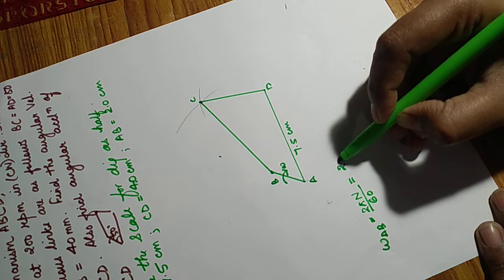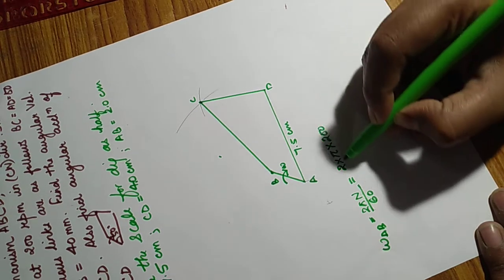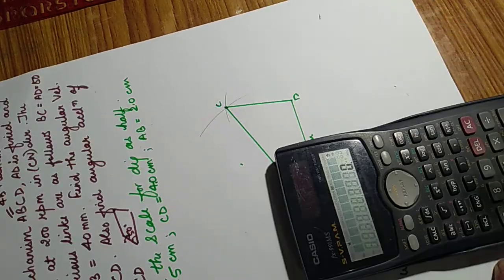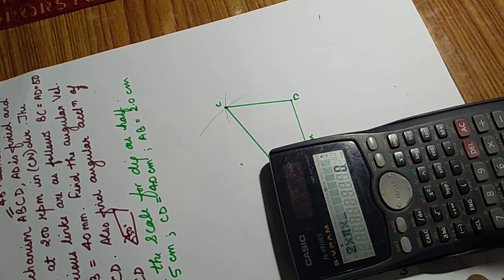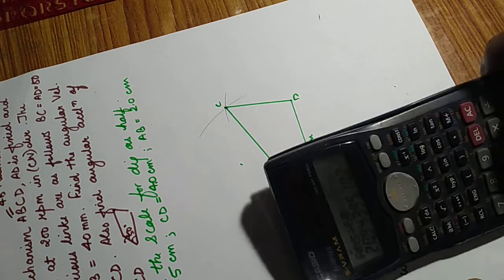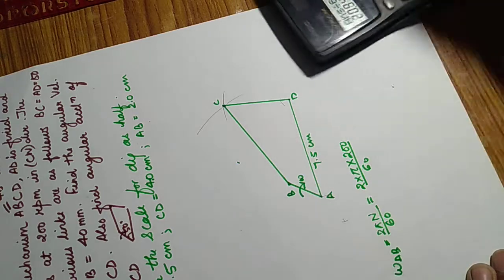So we have 2 into pi into n, and n is given 200 upon 60. See, 2 into pi into 200 divided by 60, and it comes out to be 20.94 radians per second.